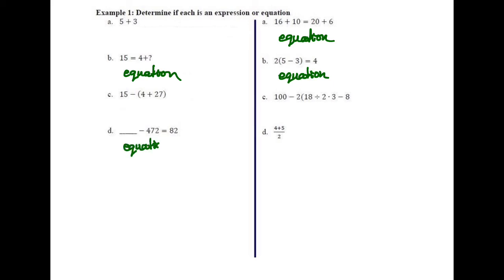None of the others have an equal sign, so none of the others are considered to be equations. They're just expressions.